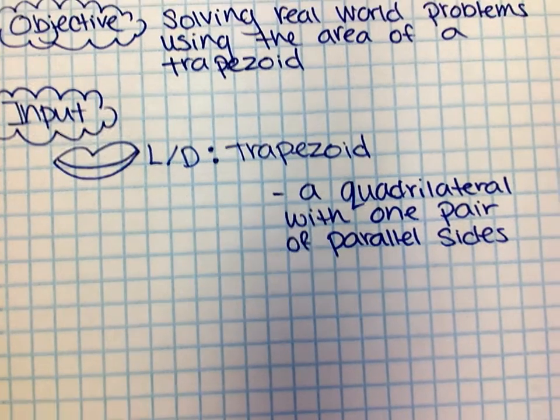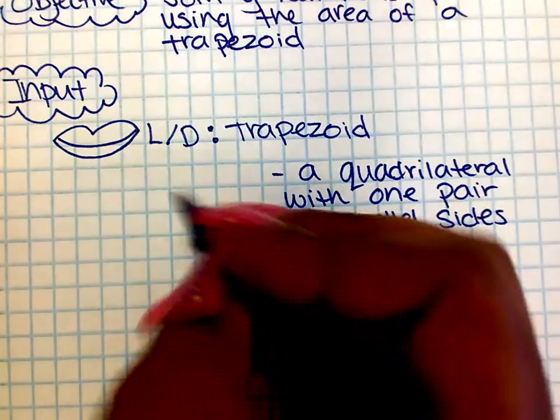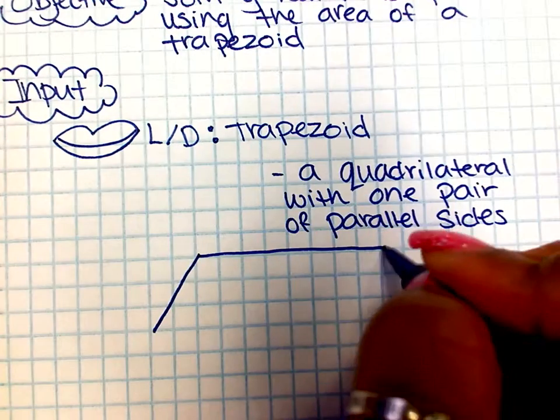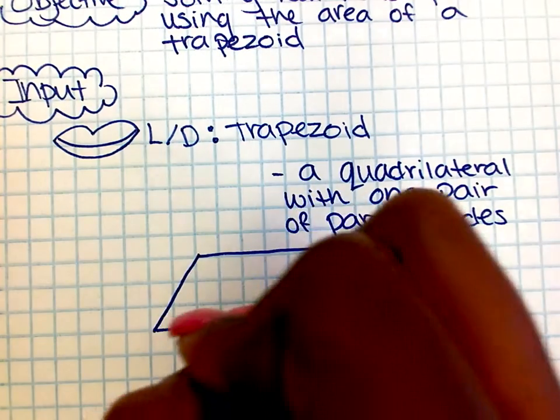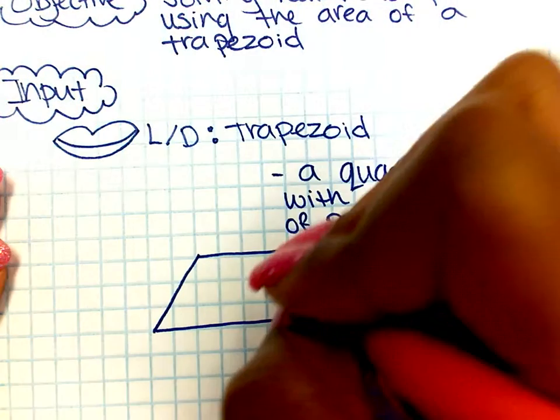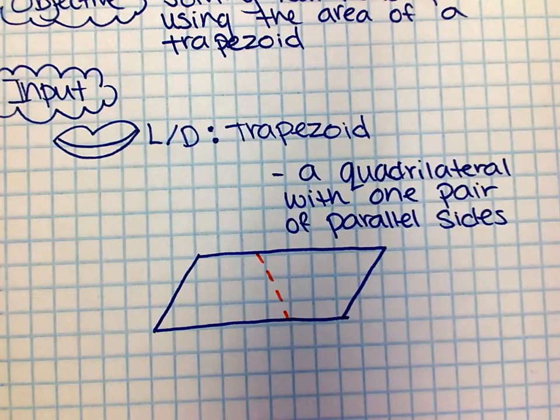Now what's cool about a trapezoid is it's half of a parallelogram. Watch. You draw a parallelogram, which means it has two pairs of parallel sides. We can draw a trapezoid by giving it one pair of parallel sides.